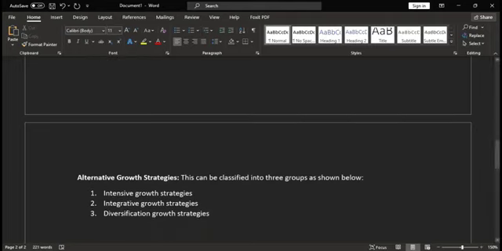The intensive growth strategies include market penetration or concentration, product development, and market development.